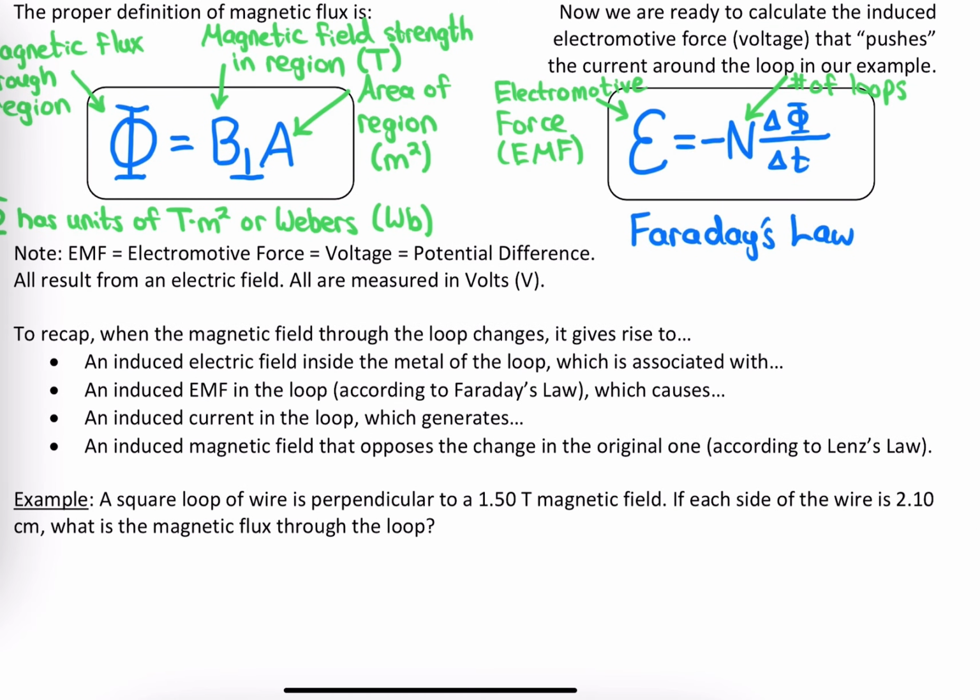So the change in flux in the last example would have been to the right, more right arrows. And because I multiply it by a negative number, I'm going to get an EMF that is negative, that's to the left, meaning that EMF is going to cause the current to flow in a direction that makes arrows going to the left. So that negative sign is from Lenz's law.